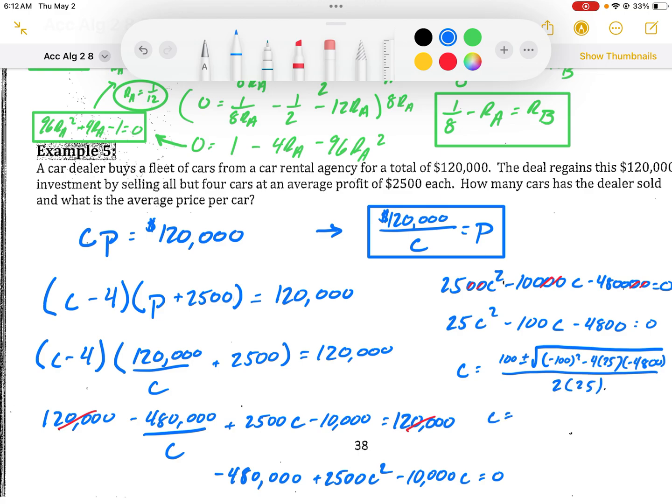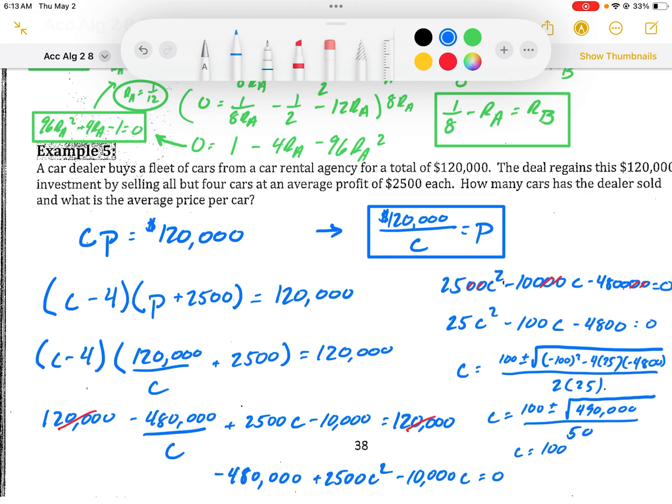Now that will be equal to, since I have a little bit more room, and I can talk about why I never considered the negative options earlier, 100 squared minus 4 times 25 times negative 4,800 is 490,000, all over 50.